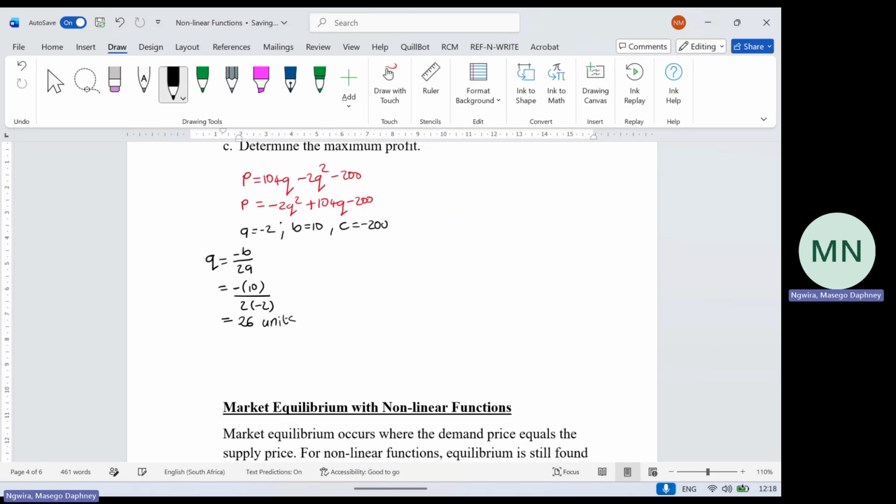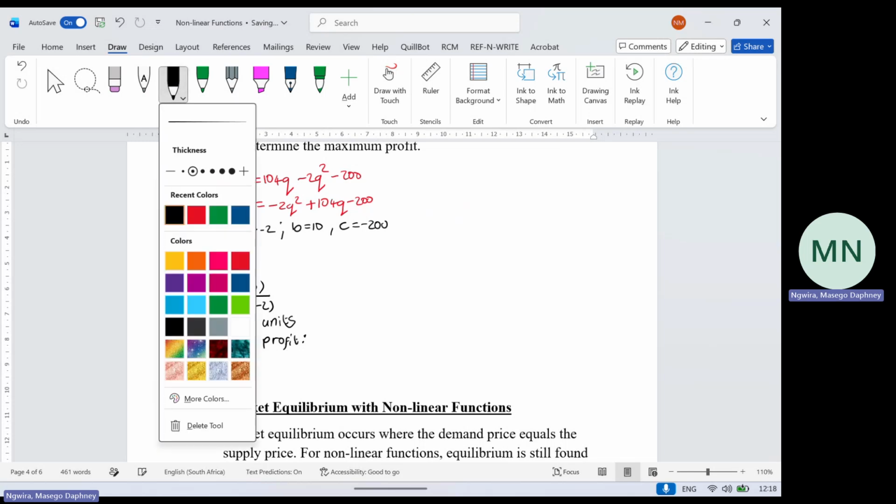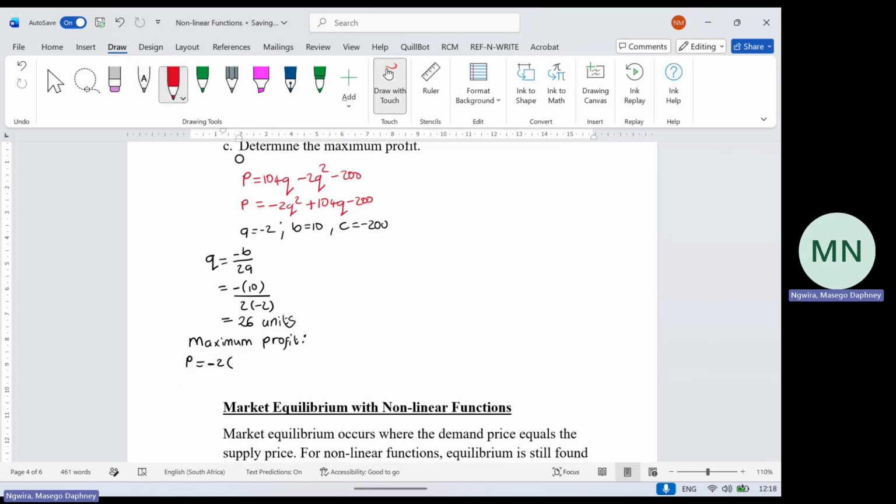And now we need to calculate the maximum profit. So the maximum profit will be P is equal to, then you use the function of our P. So it's going to be -2, and wherever we see Q, we put 26.